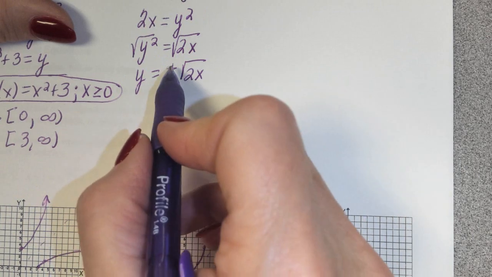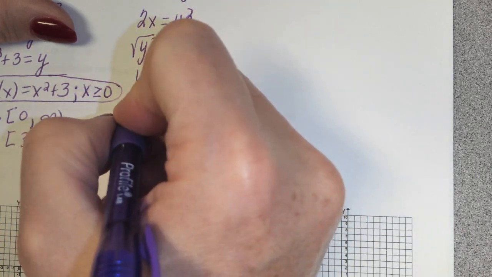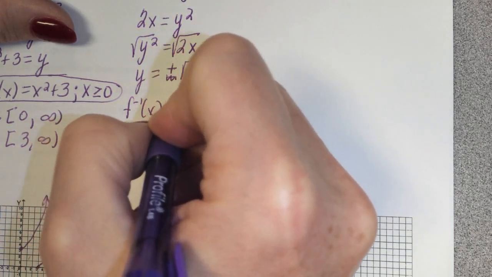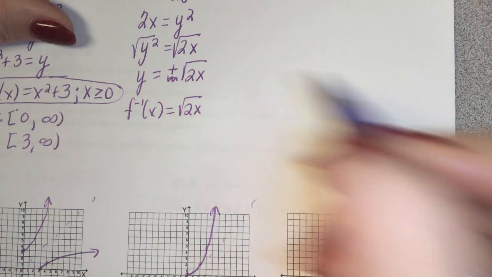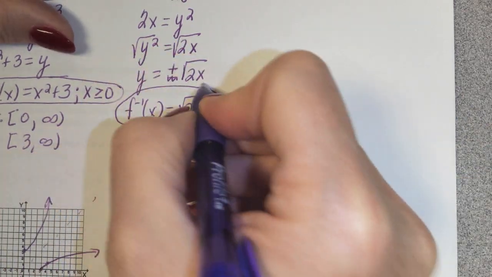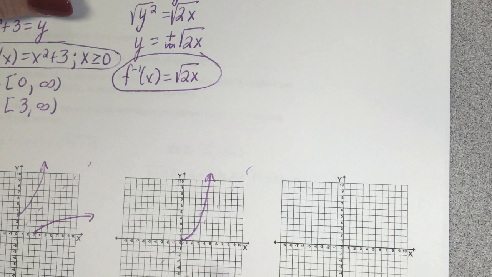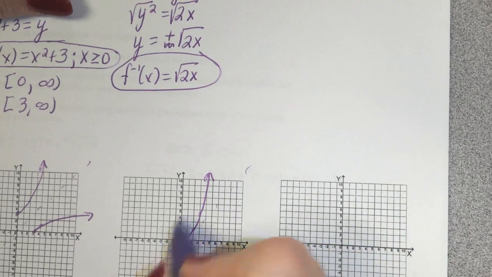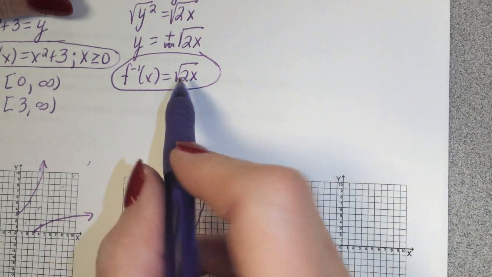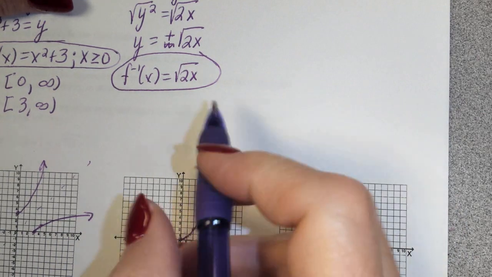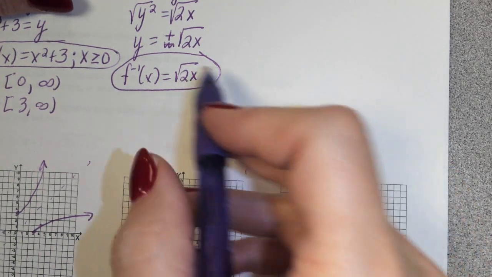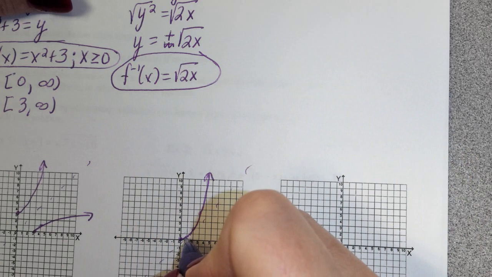Even though when I solve it, I truly get plus or minus, the inverse is only going to be radical 2x. I don't have to put any restriction on it because it's just going to be this top part. If I plug in 0, I get 0. If I plug in 1, the square root of 2 is about 1.4.